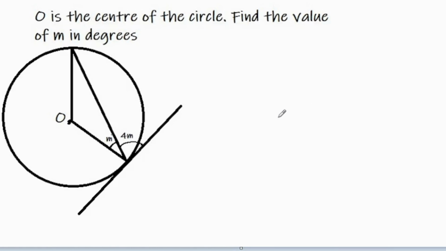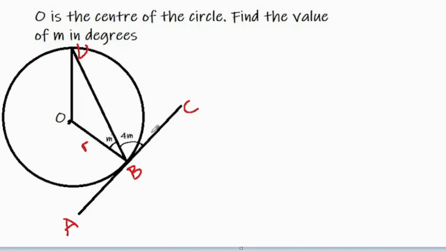Alright, this is going to be the first example that we are going to consider. For the sake of convenience, let's label this as A, this as B, this as C. We can call this place D. Now, it's really very obvious that OB is a radius and AC is a tangent.